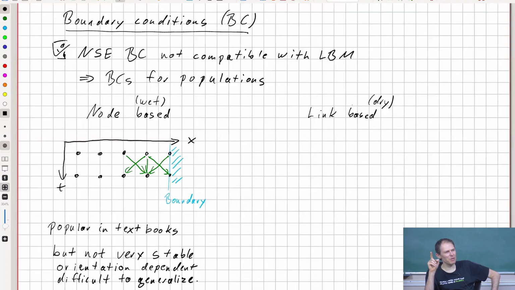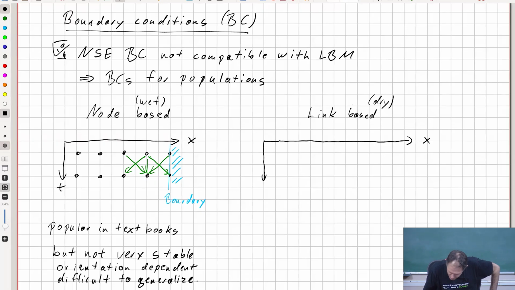And this is a little bit against the thinking that we have developed, that we store our populations all the time somewhere in between, in between the time steps and in between the grid nodes. So this is the alternative to these boundary conditions, and because this better fits in the Lattice-Boltzmann world, it is also found to be working much better, usually is easier to implement, and usually is much more stable. So what do I mean?